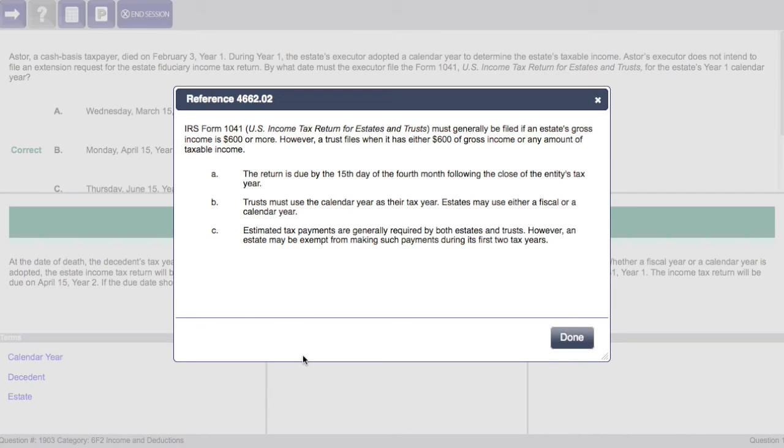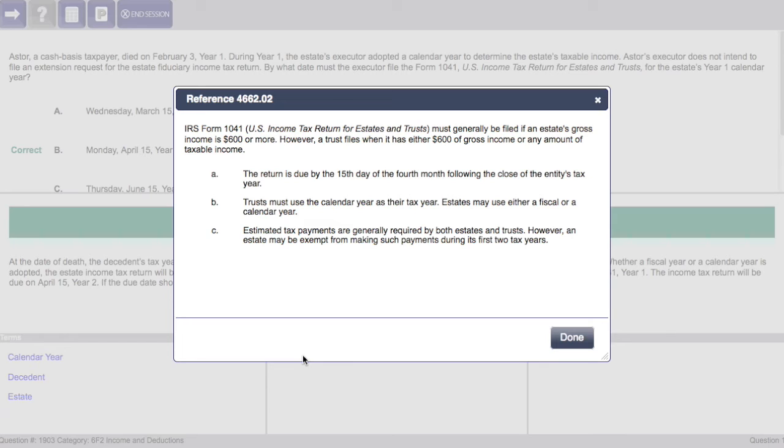All right, let's talk a little bit more about estates. IRS Form 1041, U.S. income tax return for estates and trusts, must generally be filed if an estate's gross income is $600 or more. However, a trust files when it has either $600 of gross income or any amount of taxable income.